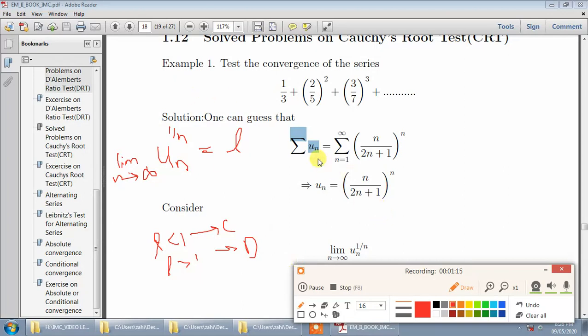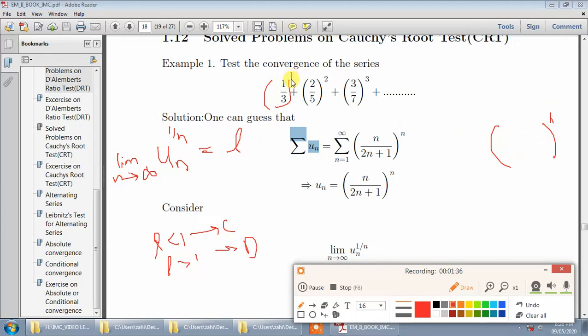Okay, so we have been given the series (1 by 3) bracket, (2 by 5) square, (3 by 7) cube, and so on. So the first term is (1 by 3) raised to 1, the second is (2 by 5) raised to 2, the third is (3 by 7) raised to 3. The power is gradually increasing, therefore we have bracket raised to n.